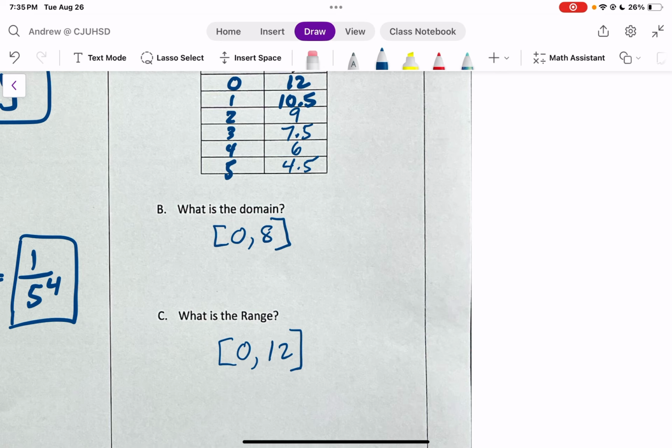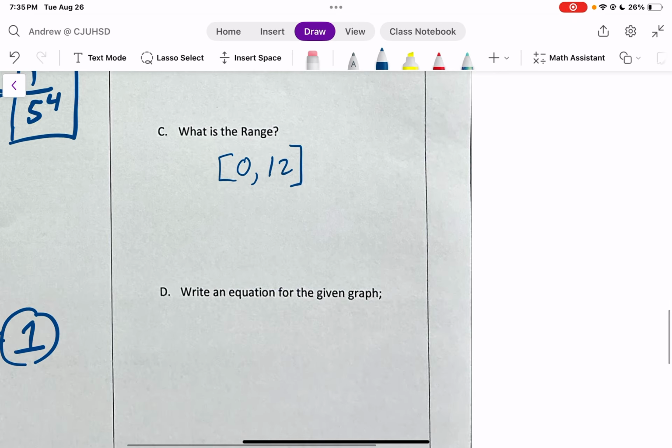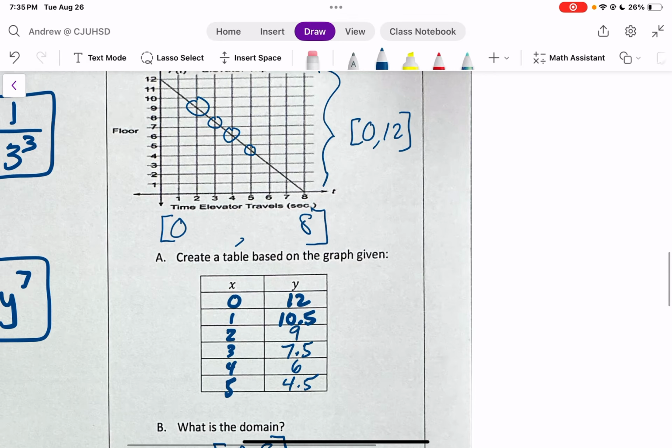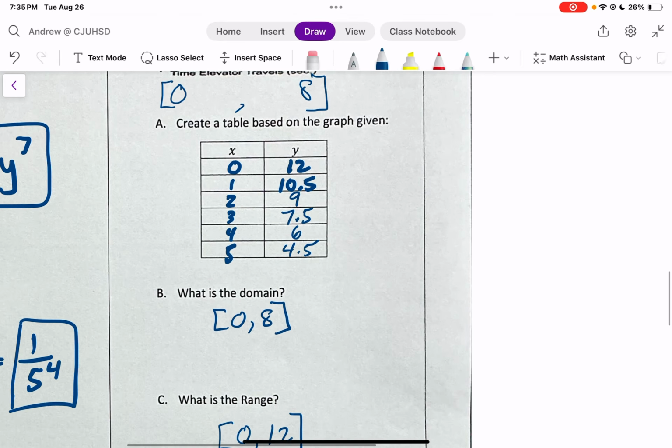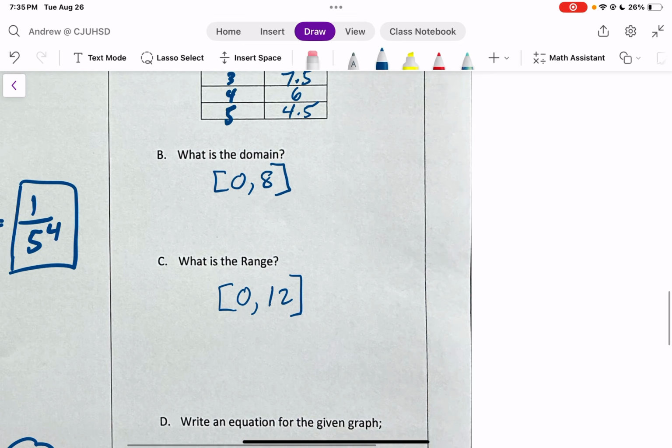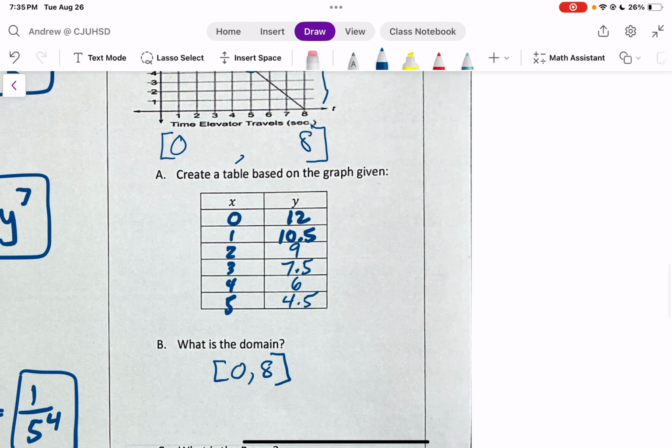Okay. Now let's see how we would grade this. Oh, one more. Write an equation for the given graph. Okay, so let's see, what variables? X and Y. So Y equals, it starts at 12. Okay, now I got to figure out the rate of change. It looks like if we go down 3 floors, then we've covered 2 seconds.